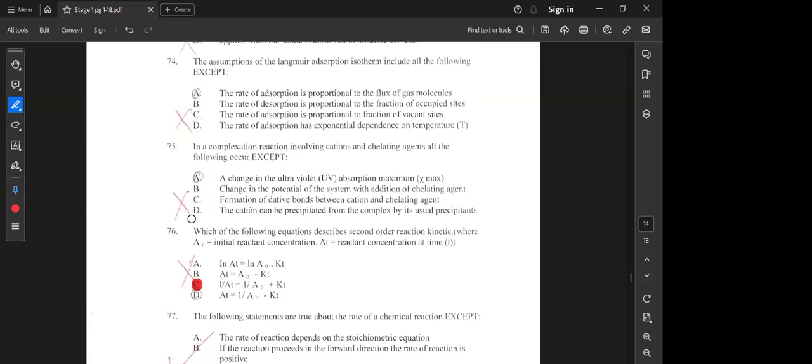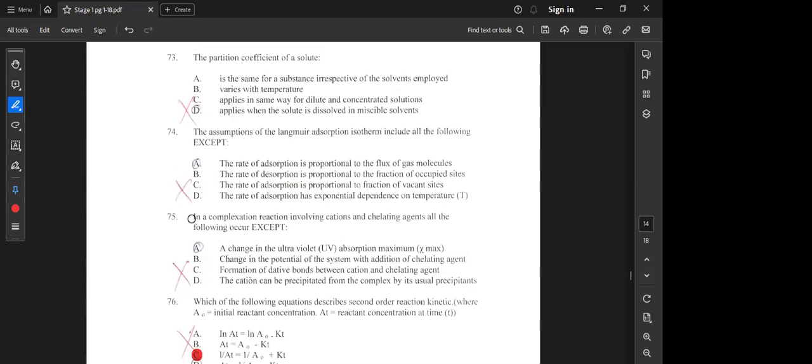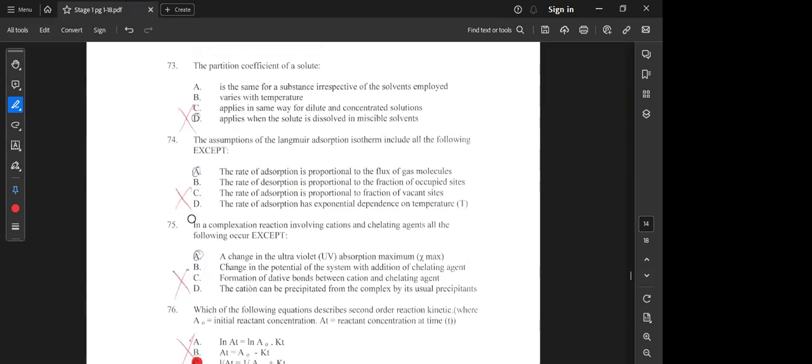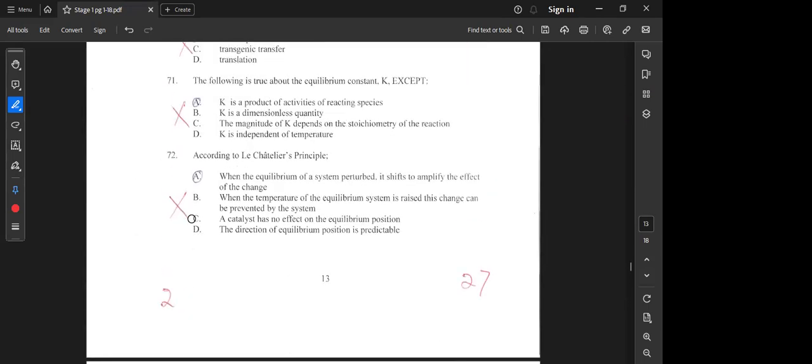It is equal to A0 plus kt. Okay, that's a good revision. Oh, here I think we have done these questions before. 77 and upwards.